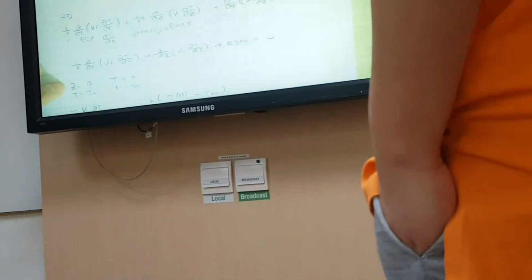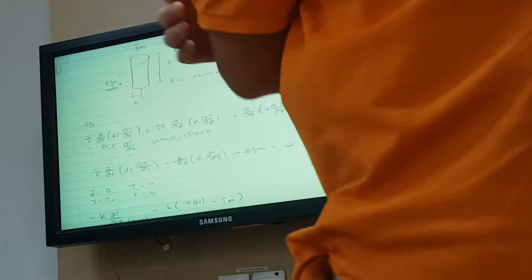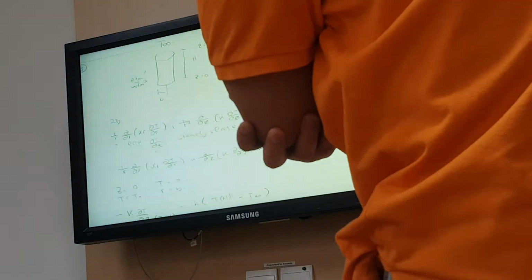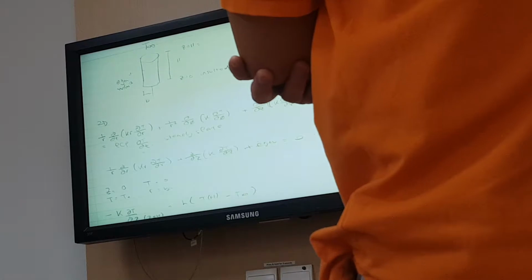After that, we just use the boundary condition that z equals 0, T equals 0.